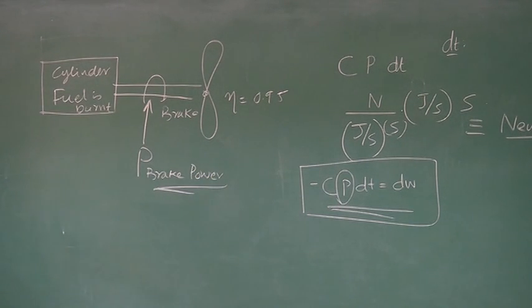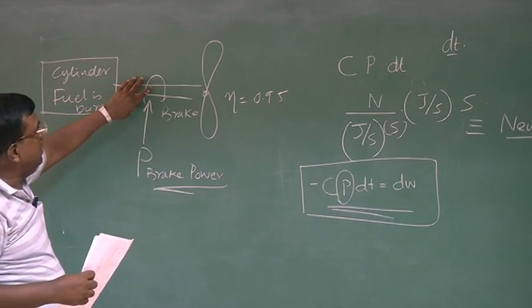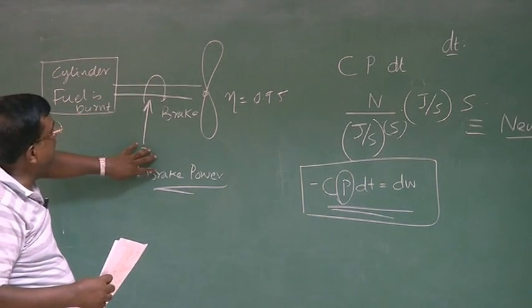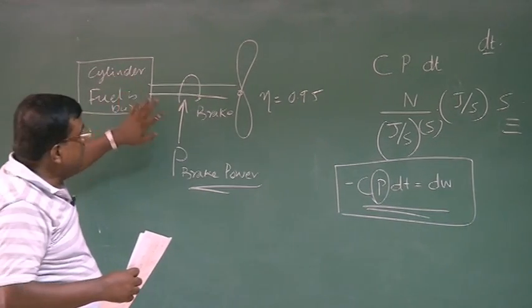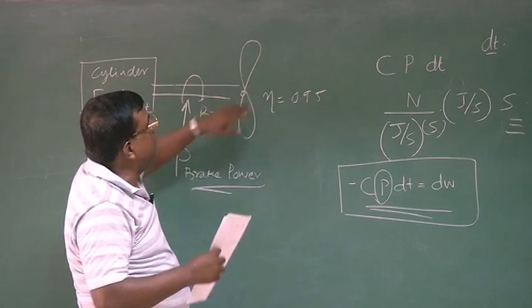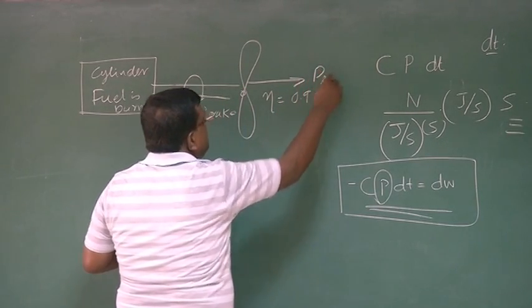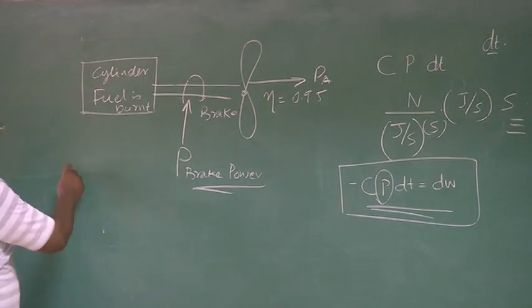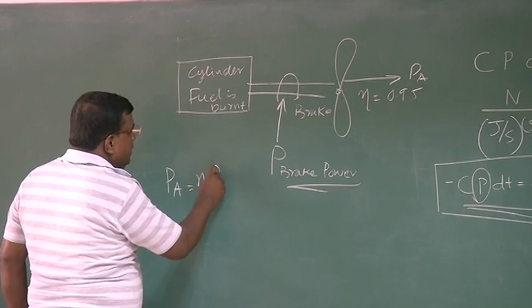So because fuel is consumed and this power is available at the brake, this P is directly linked to the fuel burnt here. This P is not the power available for the machine.